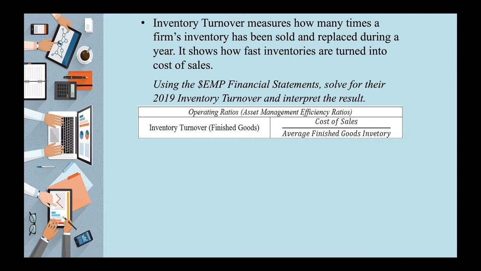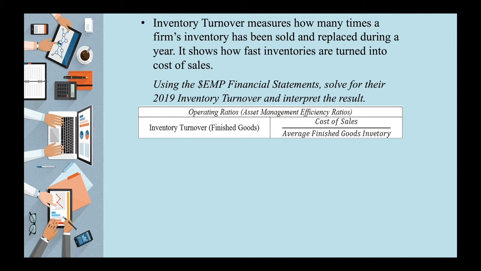When we say inventory turnover, this is the measure of how many times a firm's inventory has been sold and replaced during a year. Ilang beses umikot, ilang beses nagpalit yung cycle sa isang taon, ilang beses napalitan. It shows how fast inventories are turned into cost of sales.